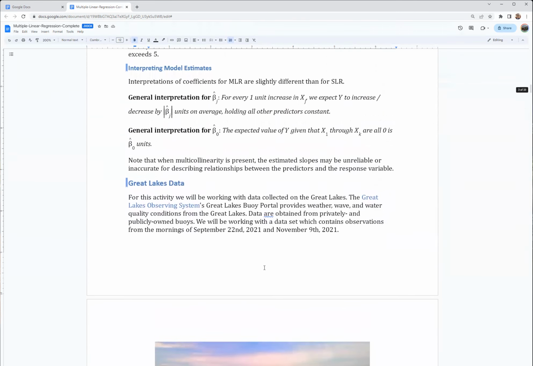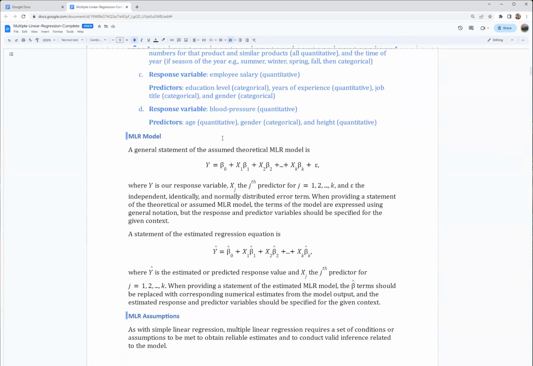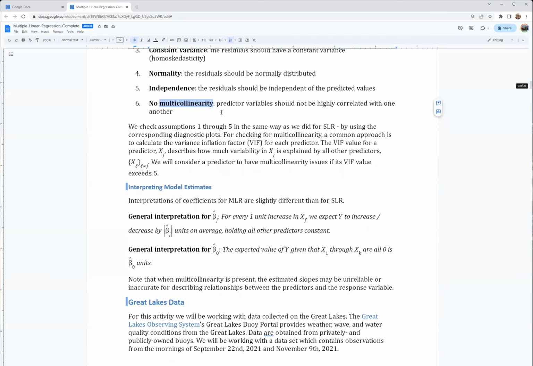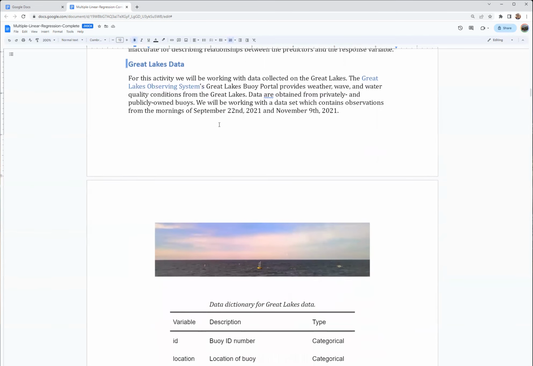All right, so we've talked about it from a very general level here, but let's get into some real data to look at how we can use multiple linear regression. So we're going to be looking at a data set that hits close to home here. It's on the Great Lakes. It was collected by the Great Lakes Observing System network of buoys.